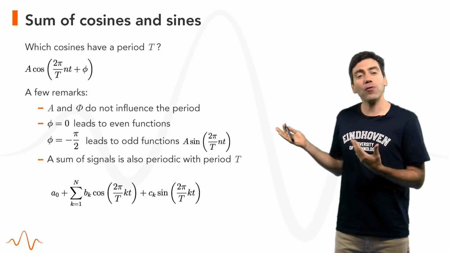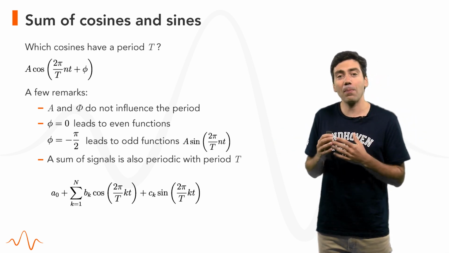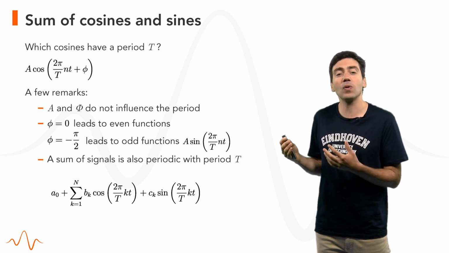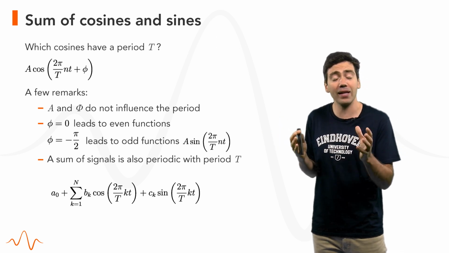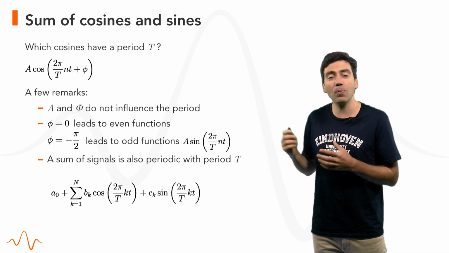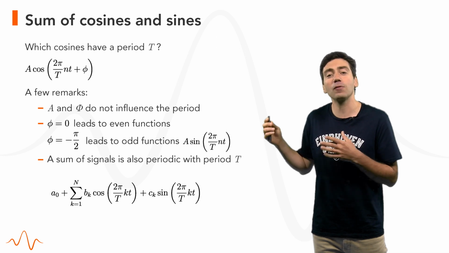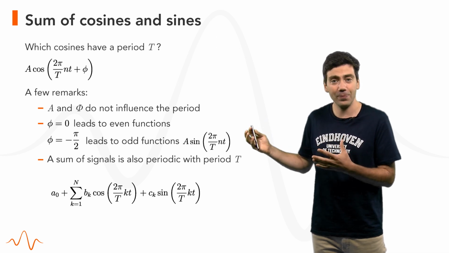So we will start with the following sum: A naught, which is a constant term, plus the summation from k equals 1 until a given capital N, of bk cosine of 2 pi over capital T kt, plus ck sine of 2 pi over capital T kt.